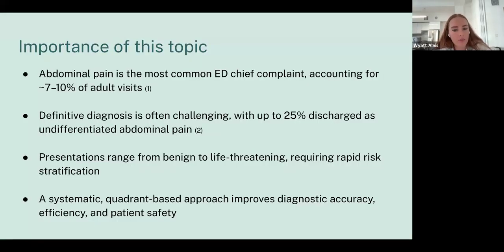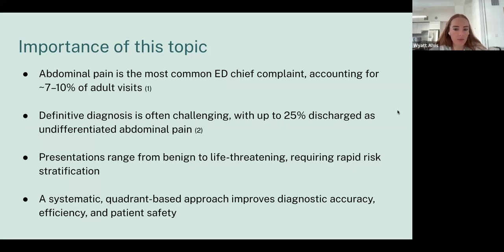So, as I mentioned, abdominal pain is the most common reason adults come to the ED, but upwards of 25% of them are discharged with undifferentiated abdominal pain. And so, despite how often we see it, it's not always straightforward in terms of arriving at a diagnosis. A lot of patients leave without that clear diagnosis.